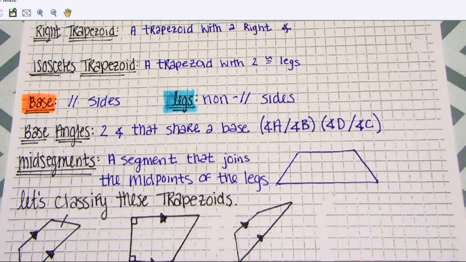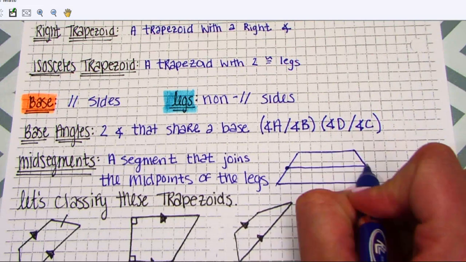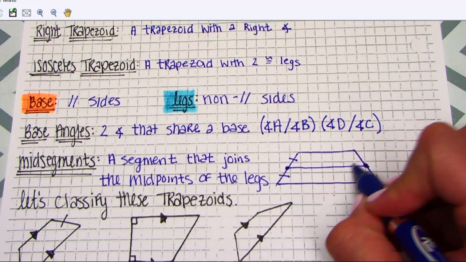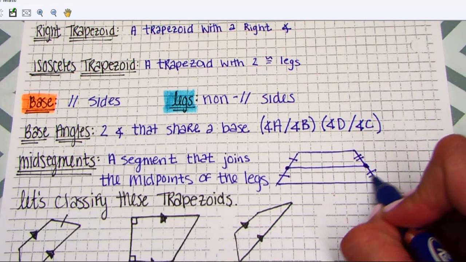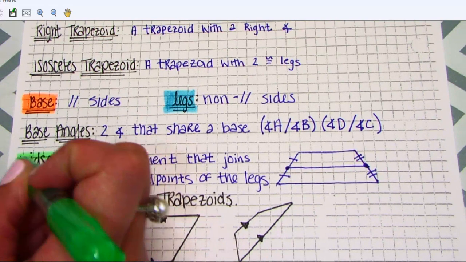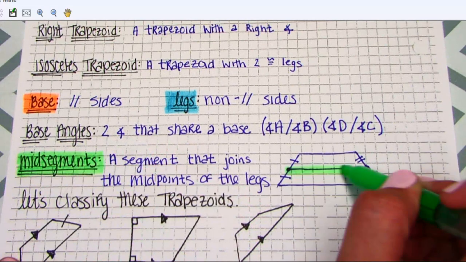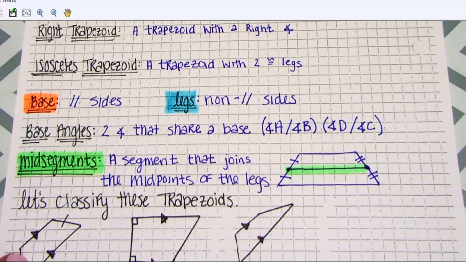And all a midsegment does is connect the midpoints. So this piece and this piece are equal, and these are equal. So the midsegment goes through basically the center of the trapezoid. There is a midsegment for triangles. But again, it's not seen on the ACT as much.